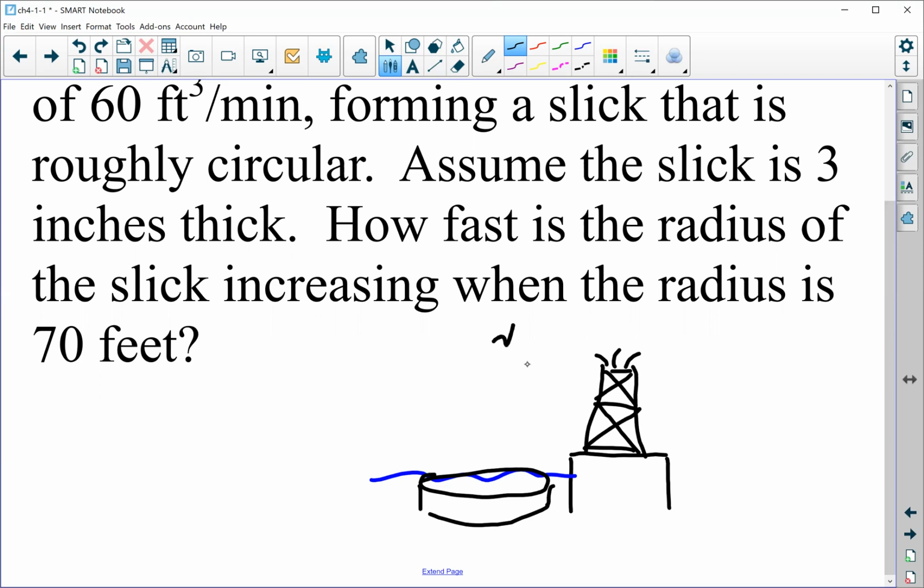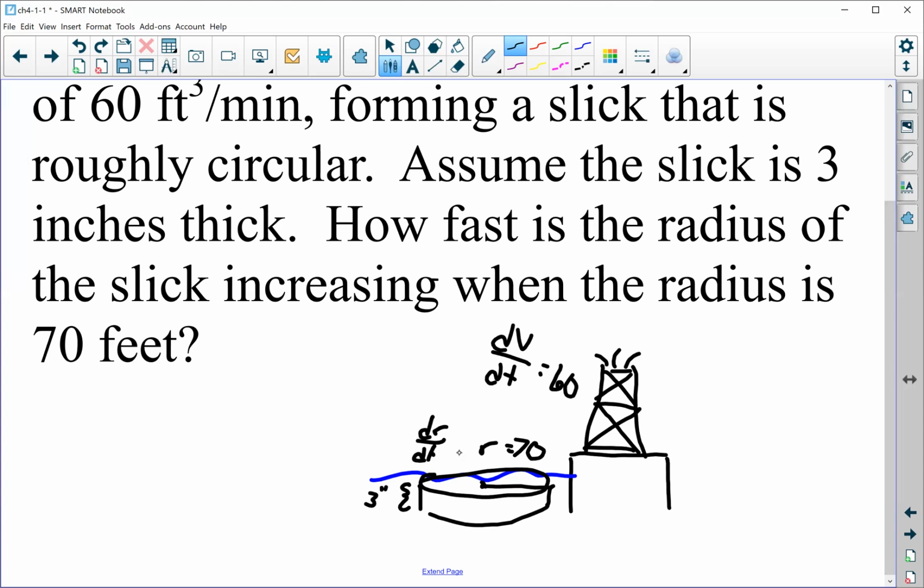The volume of the slick is changing at a rate of 60 cubic feet per minute. I know the thickness is 3 inches, and I know the radius we're looking for is 70 feet.